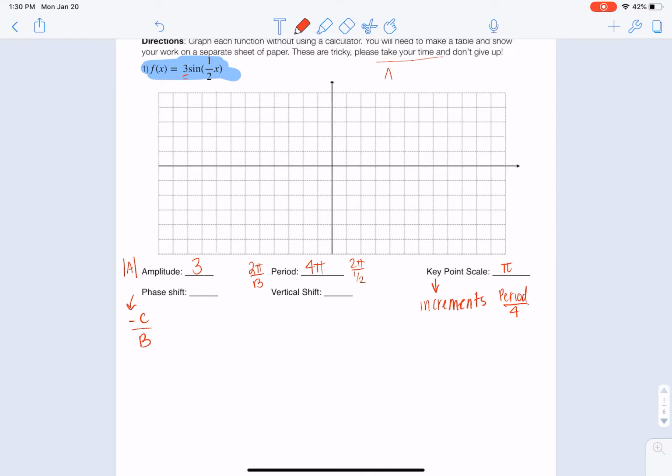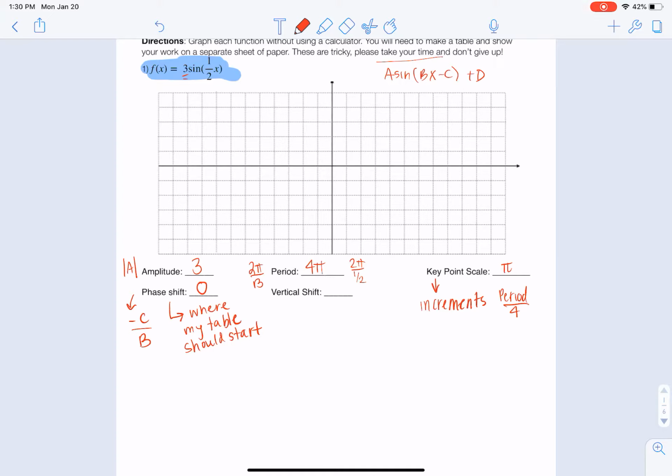So when we're talking about a sine of bx minus c plus d, my phase shift is negative c over b. Since there is no c value, my phase shift is just 0. And my phase shift gives me important information about where my table should start.